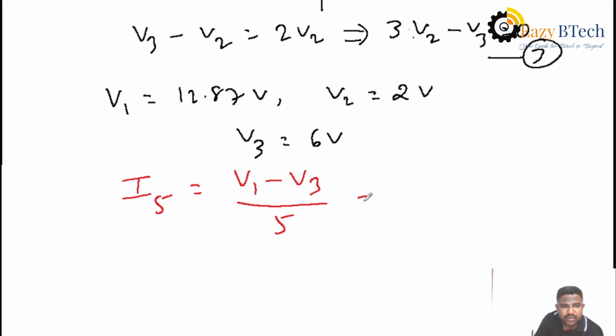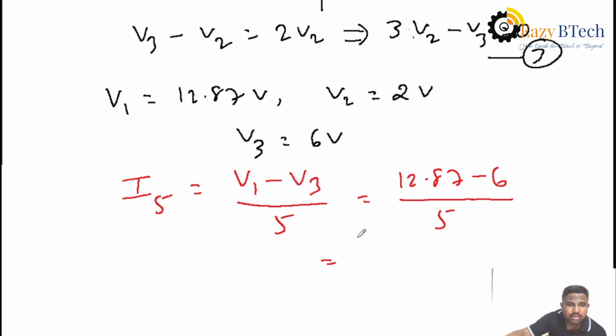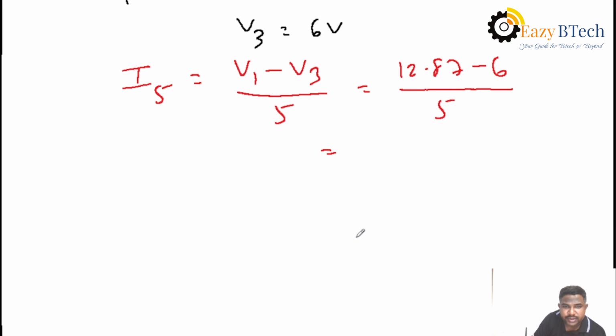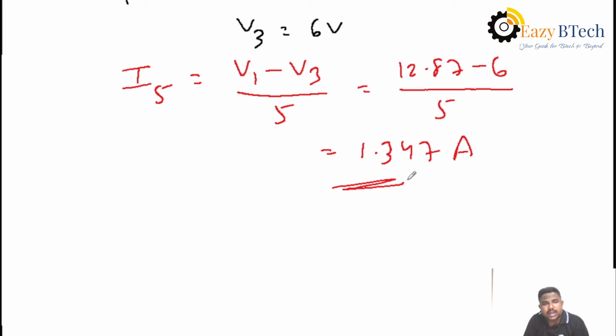So it is (12.87 minus 6) by 5, and that value is 1.347 amperes.